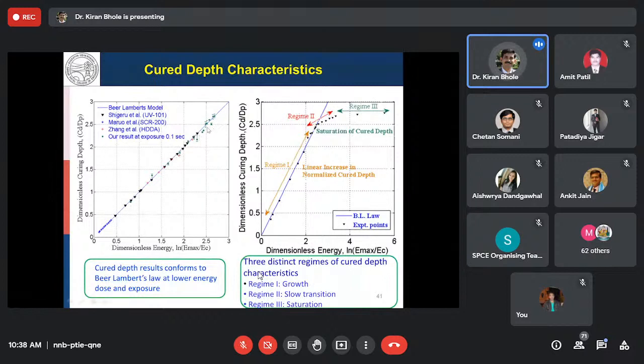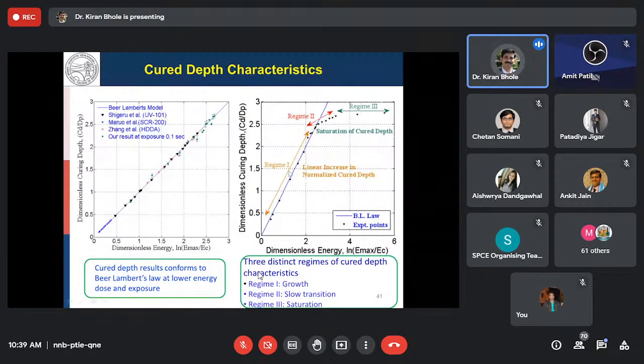But as we conducted experiments beyond a certain energy band, we saw an interesting result: beyond some critical energy level, the cure depth is not increasing, and the Beer-Lambert's law is not followed. Rather, we get a slow transition from the Beer-Lambert's law, and then we get the saturation regime afterwards.